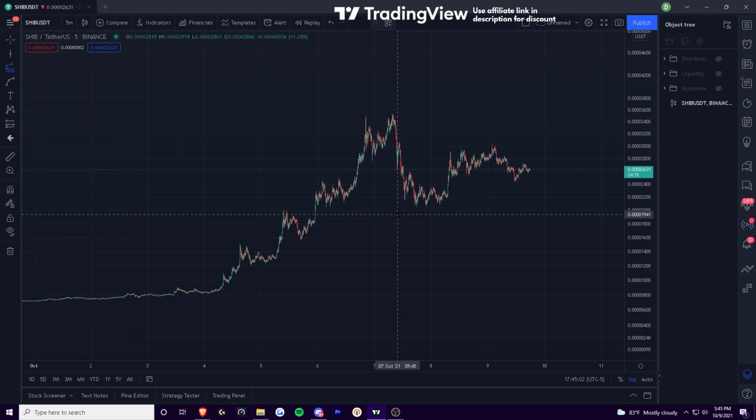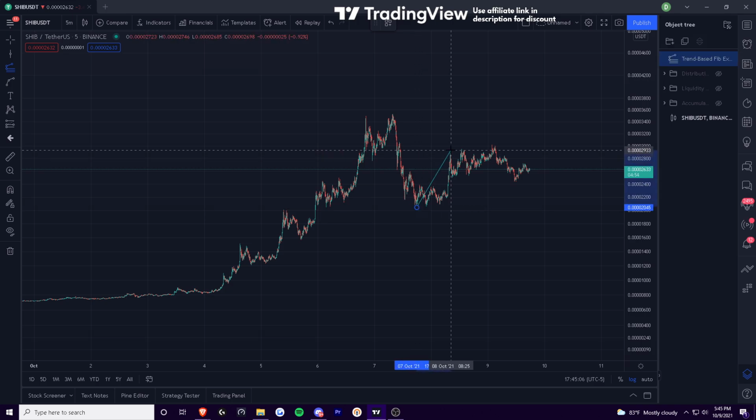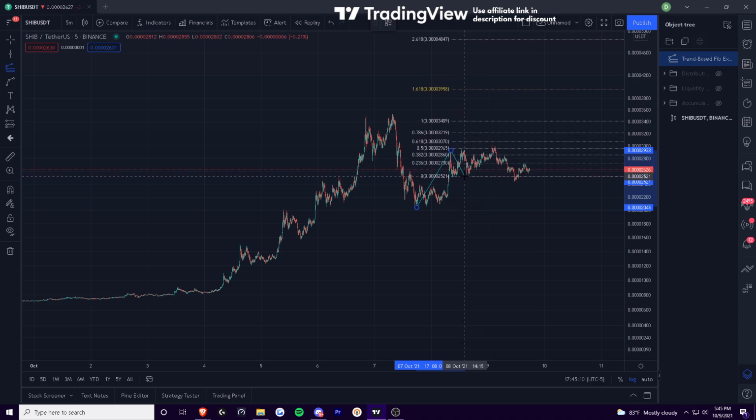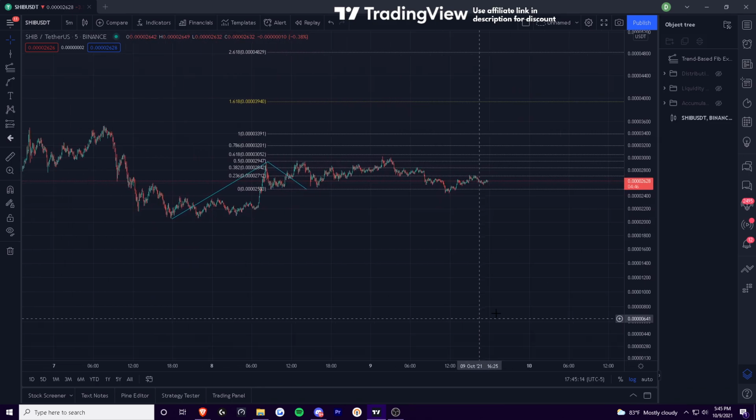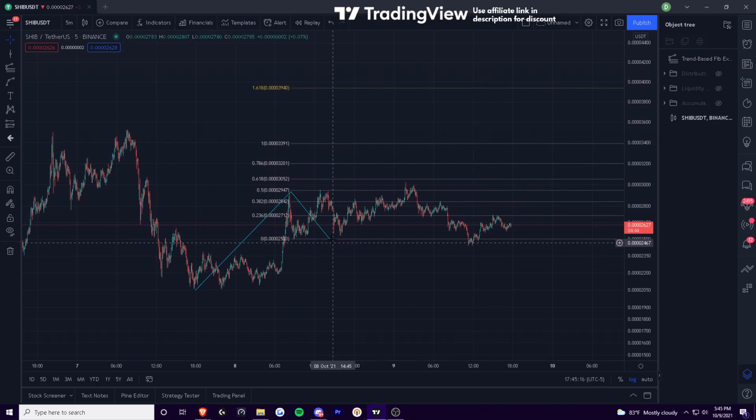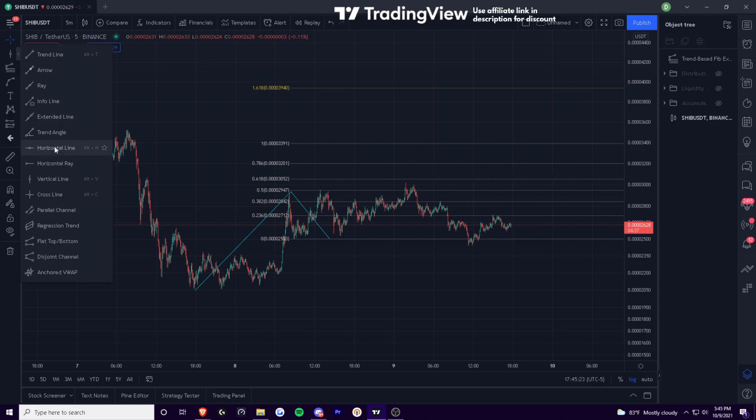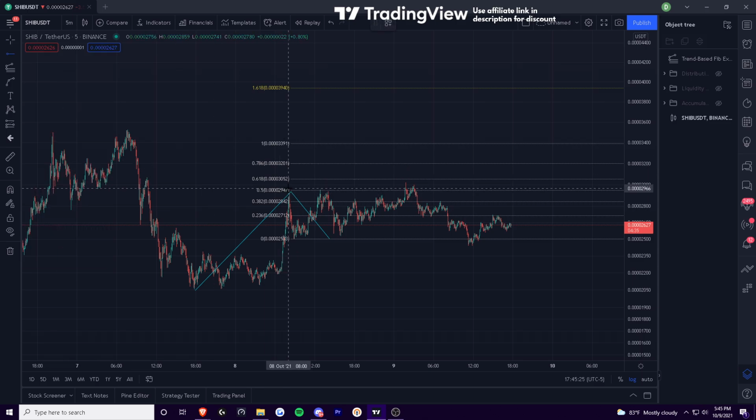The way that I measured these extensions was I took this top, I believe, and this bottom. Pretty sure. And then I drew a line right around this region.